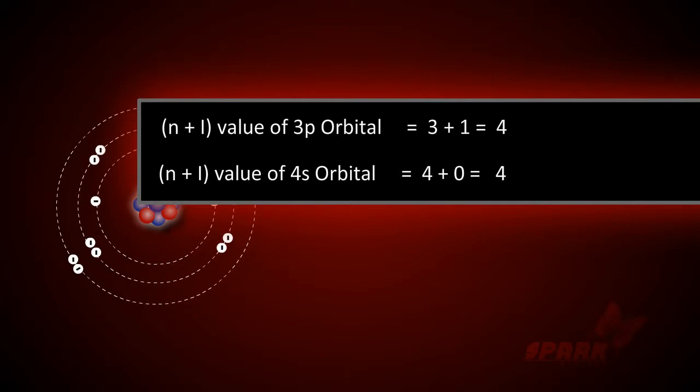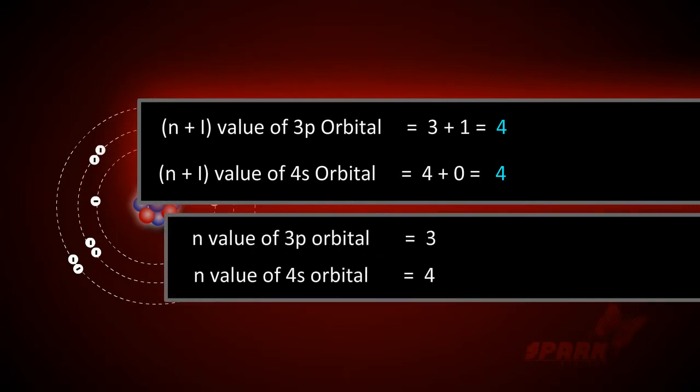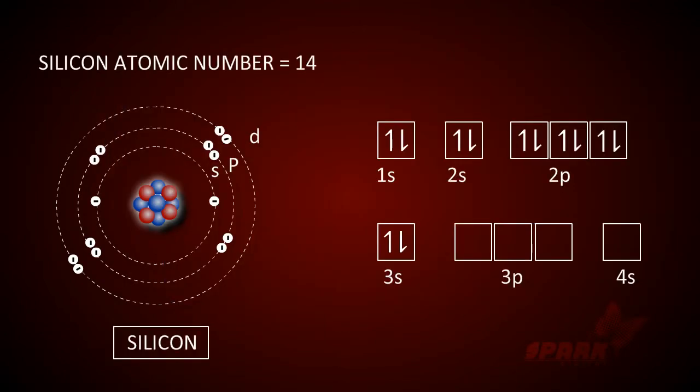This means both the orbitals have the same n plus l value, but the 3p orbital has n equal to 3, which is less than the n of 4s, which is 4. Therefore, the 13th and 14th electrons occupy the 3p orbital first.